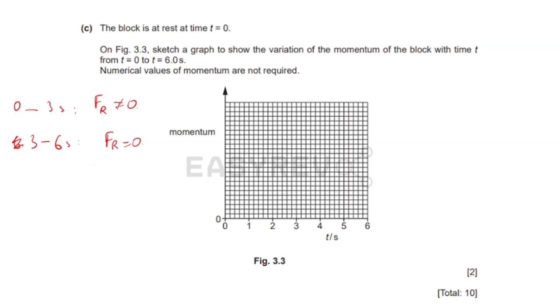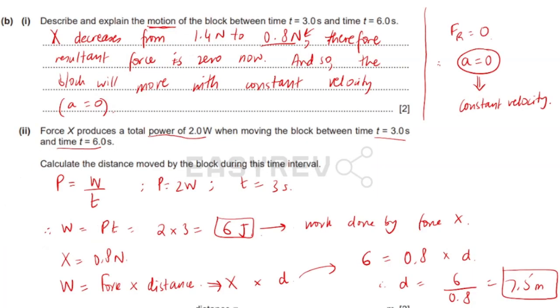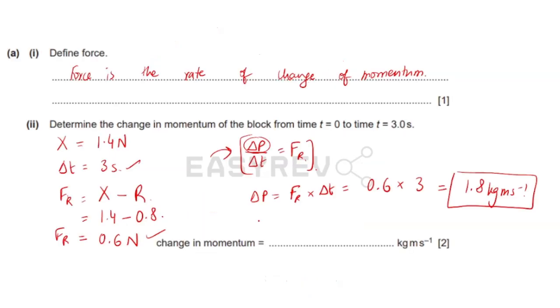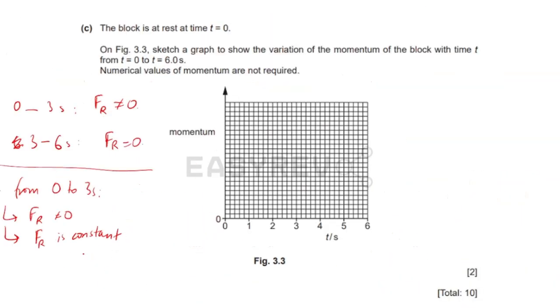So let's take it slow for a moment and look at the 0 to 3 second time interval first. So from 0 to 3 seconds, we've established that sure, the resultant force is non-zero, but we have also established that the resultant force is constant. That's not something that I'm bringing up myself, because if we look back here, it's a horizontal line from 0 to 3 seconds, meaning that it's constant at 1.4 newtons. Now, when the resultant force is constant, and we know that the resultant force is rate of change of momentum.